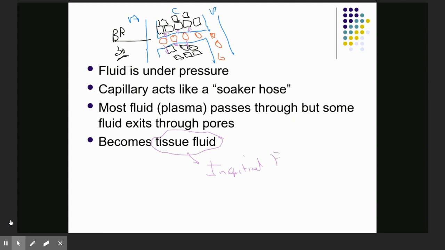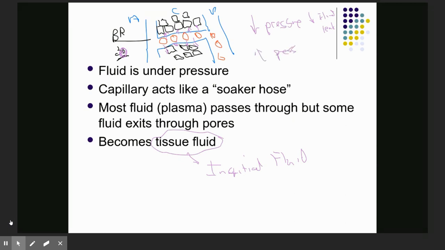But just like our soaker hose, if we change the pressure, we're going to change the amount of fluid that leaks out. If we decrease the pressure, less fluid is going to leak out. If we increase the pressure, more fluid is going to leak out. Does that make sense to everyone?